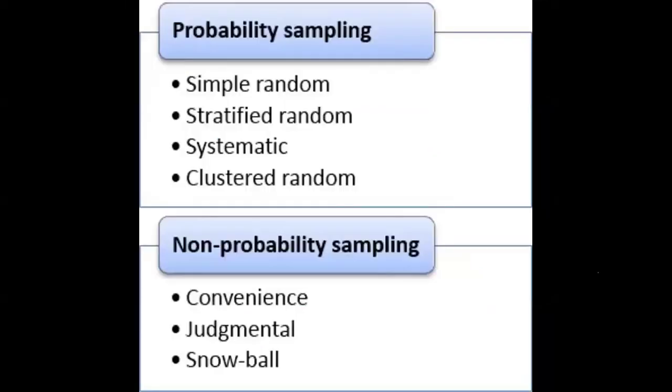Basically, the sample design or sampling method is divided into two categories. One is probability sampling and the other is non-probability sampling. Probability sampling refers to selecting a certain percentage of components from the overall population.